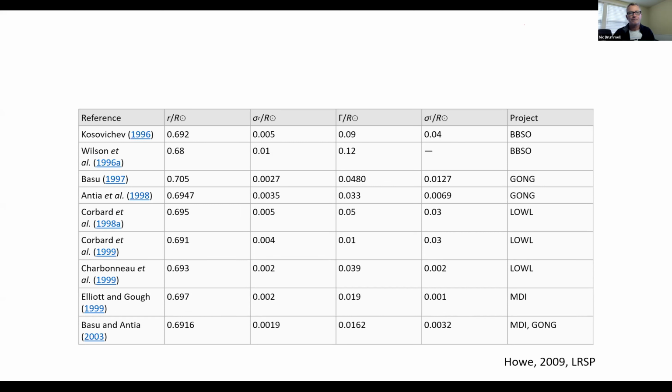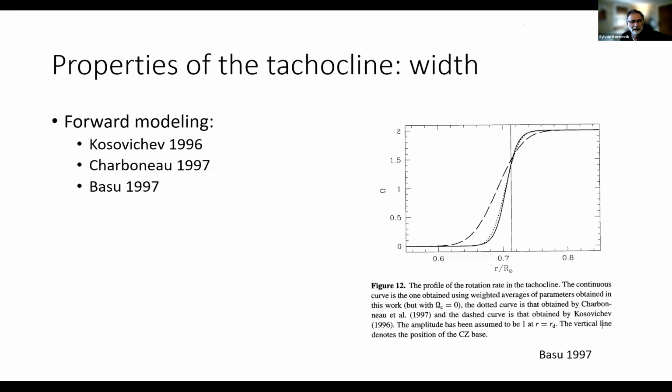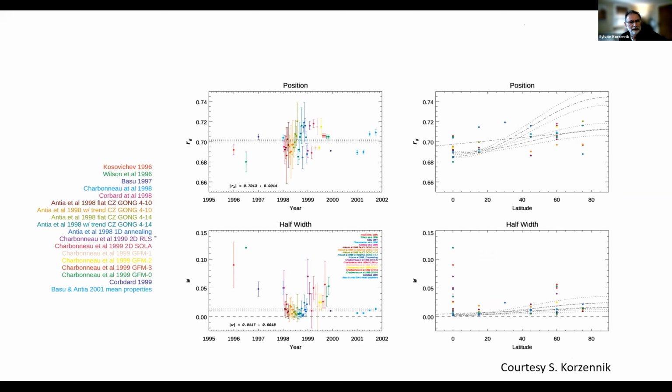Not off the top of my head, but I want to make a small comment since you asked me. All those widths are upper limits. I don't think we have any way of putting a lower limit on the width of the tachocline. If you go back to the plot that Charles showed, there is a tendency with time to find that the width is more narrow as you get better data, and then you jump with other data.